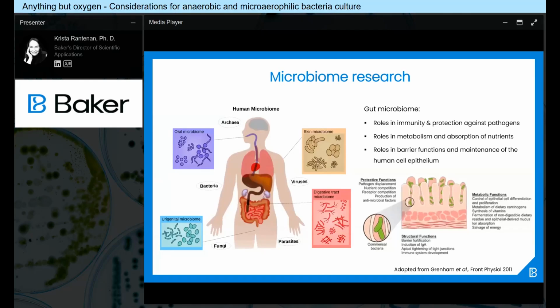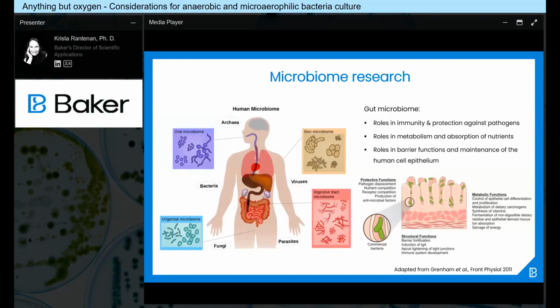These bacteria are very specialized and have essential roles in various functions of the human body, mainly in immunity. They also protect against pathogens. They have a very important role in metabolism, as well as in cell proliferation and epithelial barrier function.